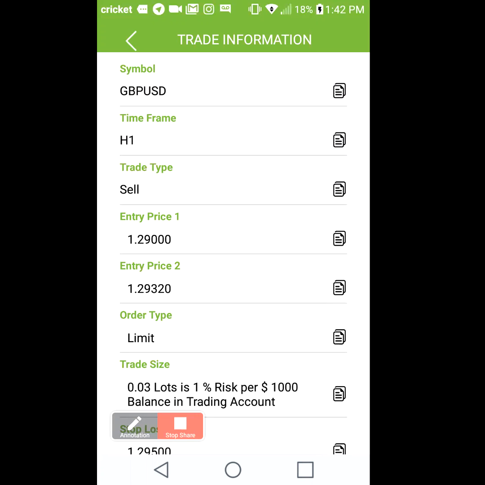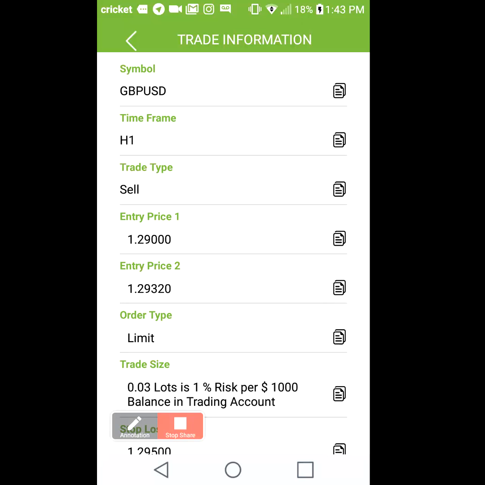This is on a 1 hour chart, which means that it takes how long for each candlestick to form? 1 hour, absolutely. And then we need to know the trade type. So it tells us that it's a what? Sell. Sell, right? Then we've got 2 entry prices, which means that we have a range that we can enter through.